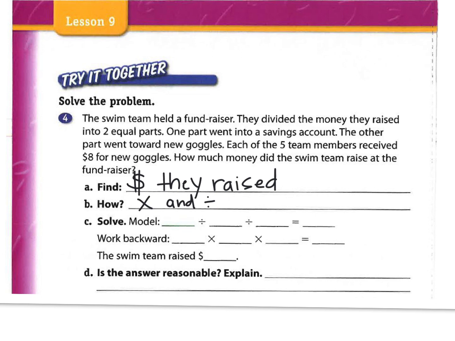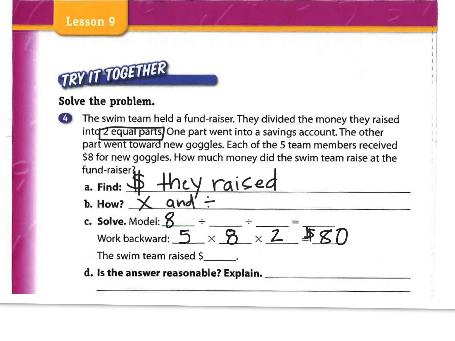So let's look at this part. It says each of the 5 team members received $8 for new goggles. So I'm actually going to start here with the working backward. We know that 5 team members earned $8 each. So 5 times 8 is 40. But remember, that was split into 2 equal parts. So if we do that times 2, 40 times 2 is $80.